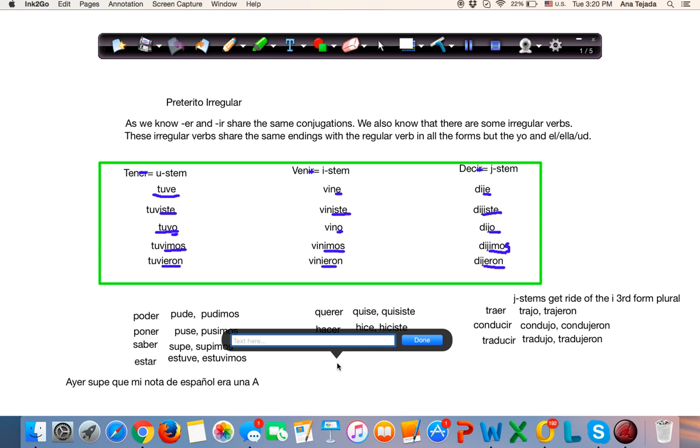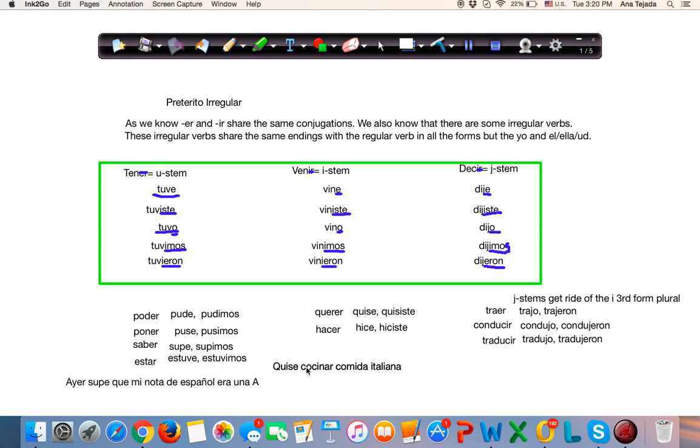Querer o hacer. Quise cocinar comida italiana. Error. Quise cocinar comida italiana. I wanted to cook Italian food. Okay, and our J stems.